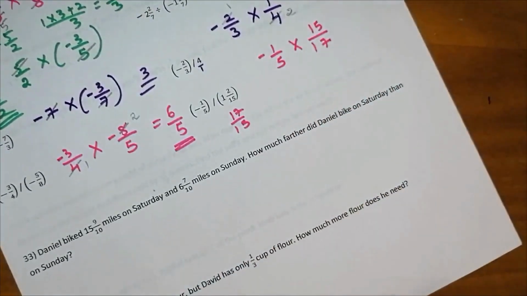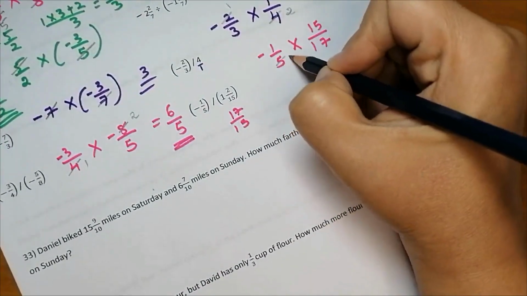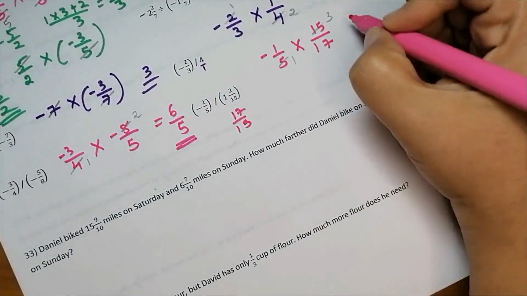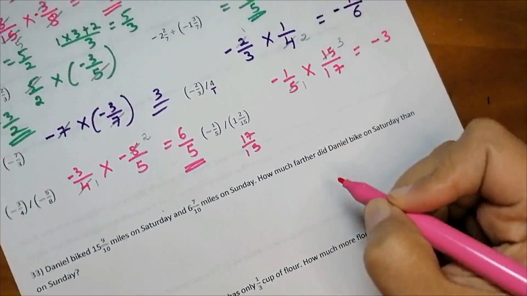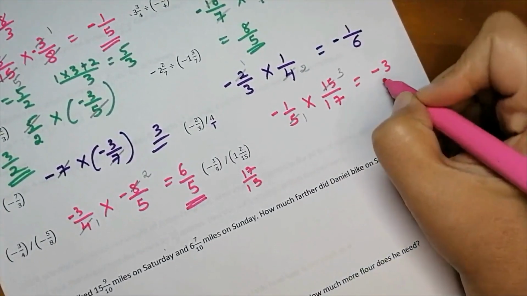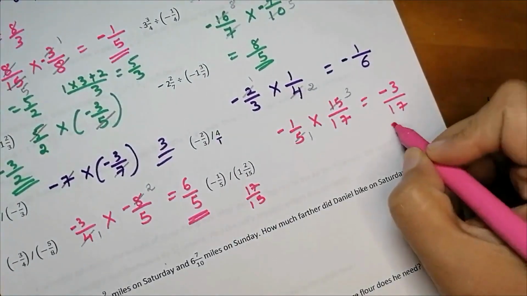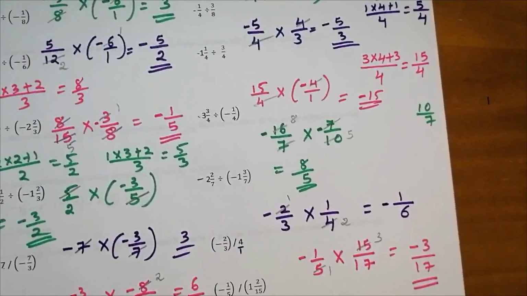You reverse it. So once, thrice, right? And that is minus 3 over 17. Minus and plus, right? So that's the answer. Okay, so this was the division that we had to do.